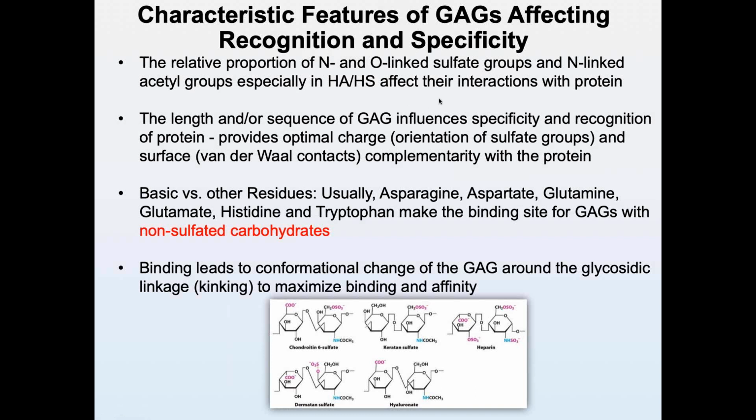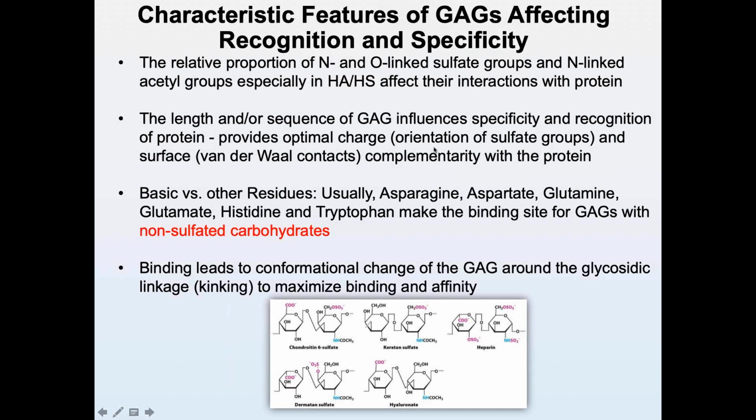The length and sequence of the GAG also influences specificity and recognition. What happens is if you have a very short GAG chain, it goes into the binding site and needs to change conformation in order to bind. So if you don't have the right length, the conformational change cannot occur, so it cannot bind very well. If you don't have the right sequence, the conformational change may occur, but it cannot register with the GAG binding protein.